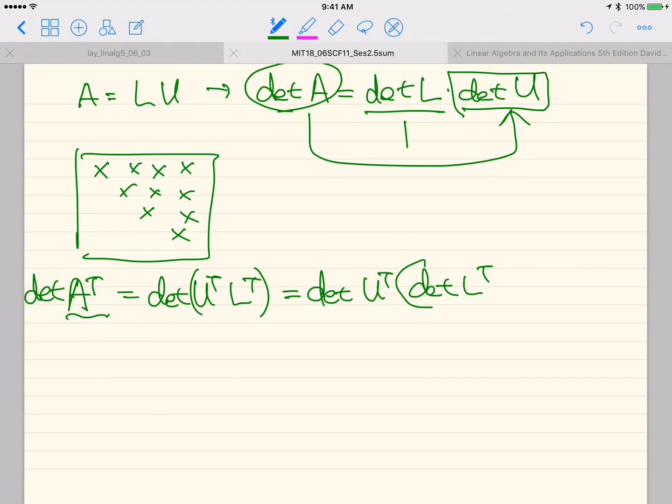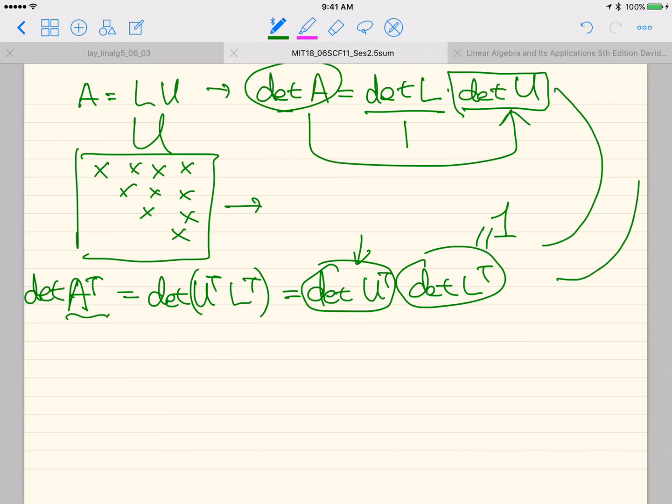And so this guy will have the determinant of 1. And then this guy is just the transpose version of this matrix U. In that case, this guy becomes lower triangular, but the diagonal elements remain the same, and so the determinant will also be the same. And that way we can now conclude that those two determinants should be the same.